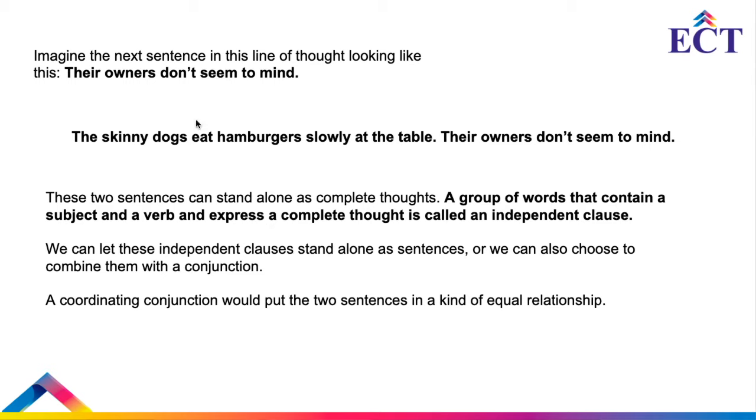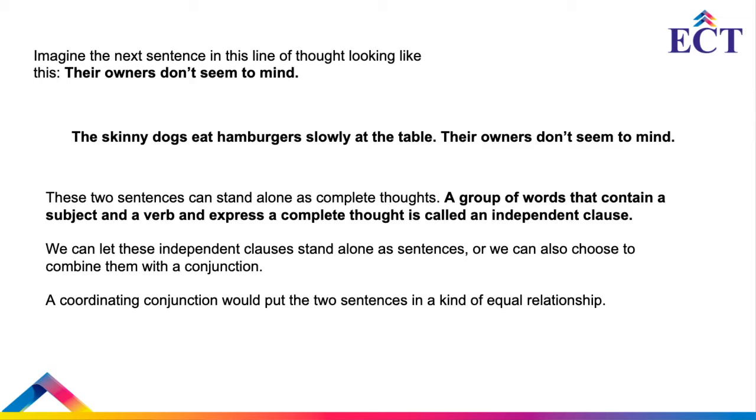Then imagine the next sentence in this line of thought looking like this: their owners don't seem to mind. The skinny dogs eat hamburgers slowly at the table, full stop. Their owners don't seem to mind. Right?